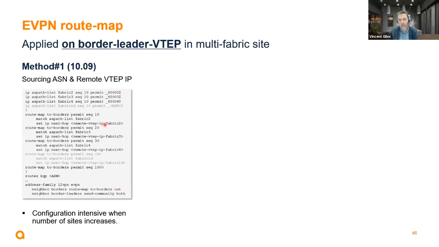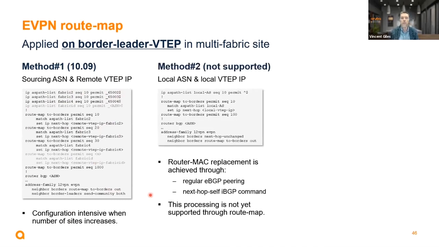So we understand that this can be quite intensive for a large number of sites. But that's the method that is qualified for 10.0.9. The customer may think of other methods. Pay attention: that could be if I do a next-hop-unchanged and reset the next-hop only for the local autonomous system. On paper, that works.